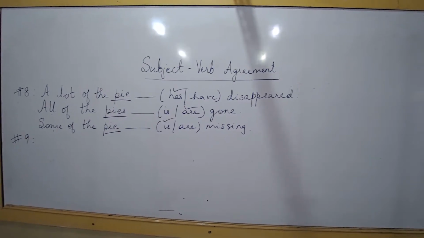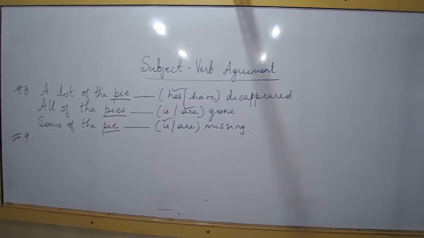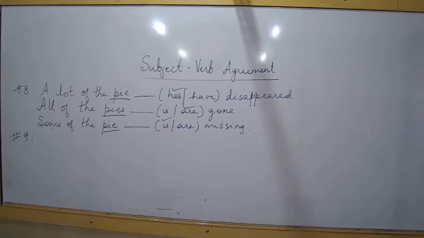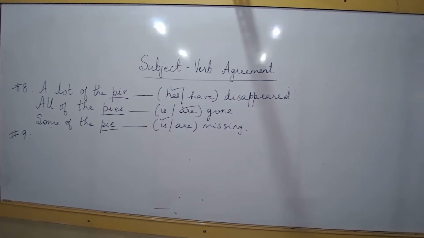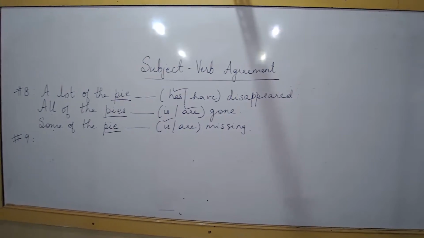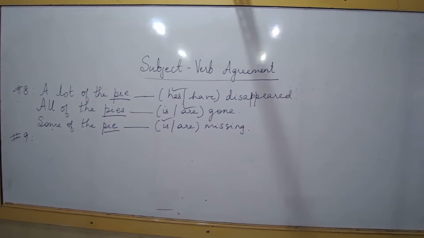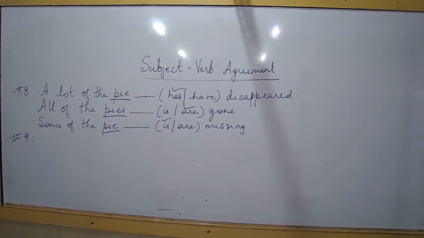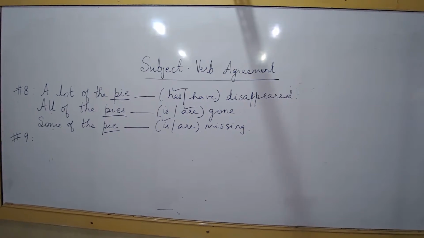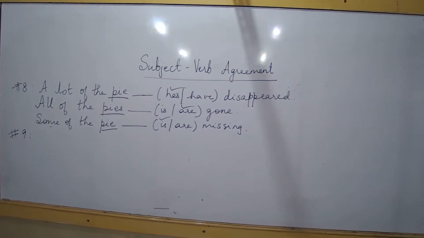So I'll give you examples now. First, we continue with collective nouns such as group, jury, audience, etc. The verb might be singular or plural depending on the writer's intent.